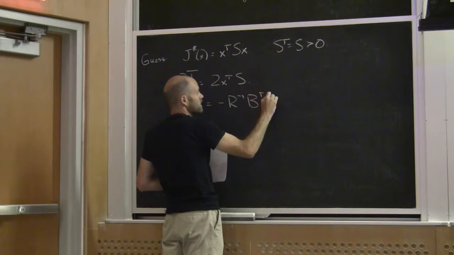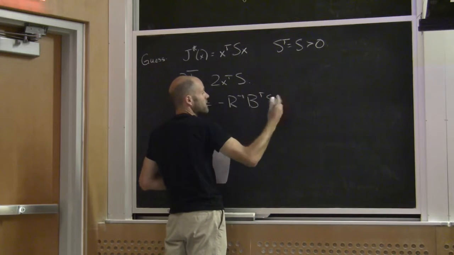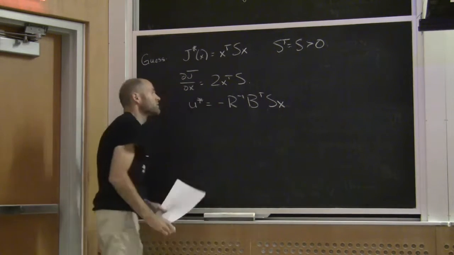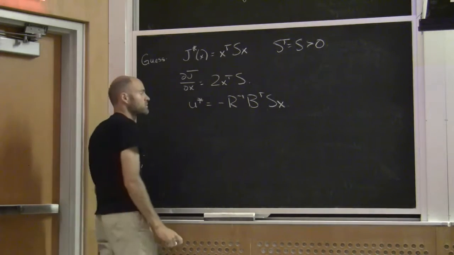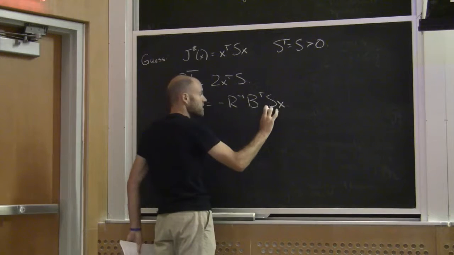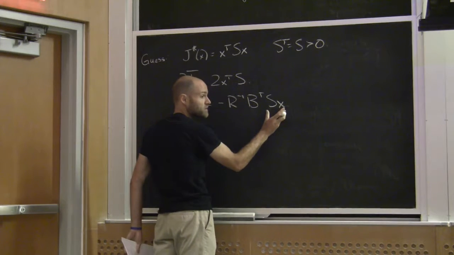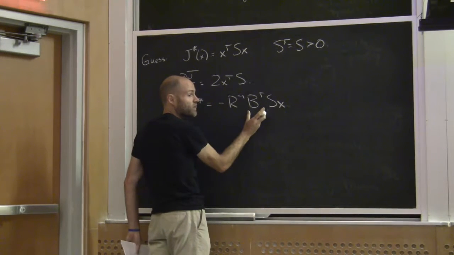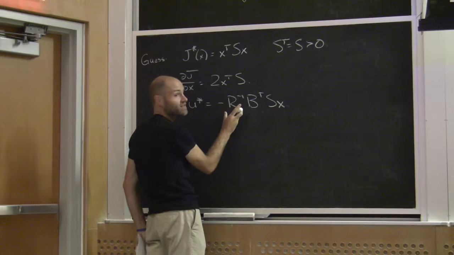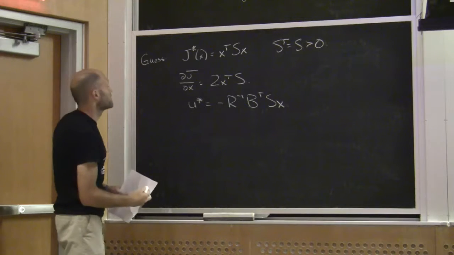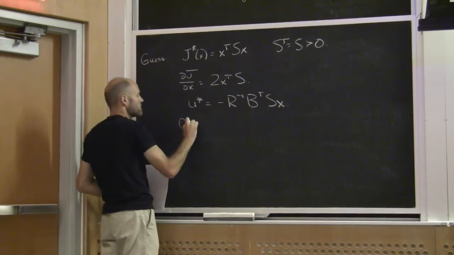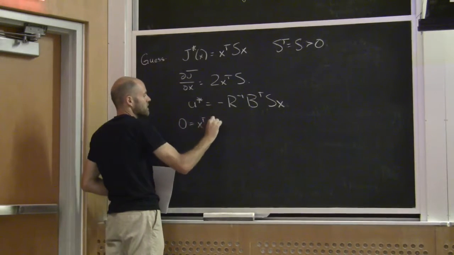Partial J partial x now, so it's just Sx, which again you should think of as go downhill as fast as possible in my input coordinates scaled by the cost. And if I pop that back into the equation, I get some big, scary looking matrix equation.